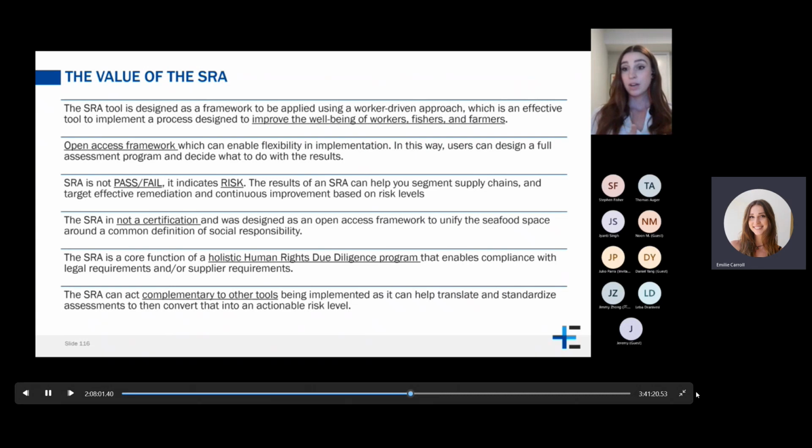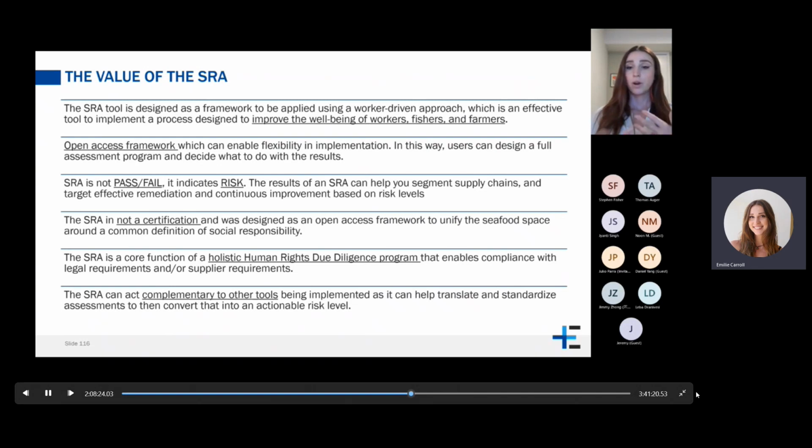You can better understand risk and say, okay, they were non-compliant with this, so they're at a high risk of child labor because they didn't meet this, or they're at a high risk of discrimination because they didn't meet this. It helps to take it one step further and translate that checklist into something where the results can be used in a really valuable way.